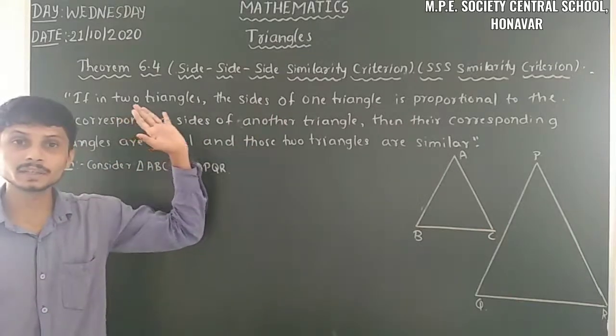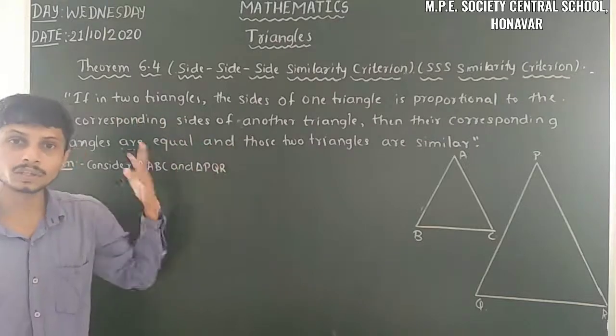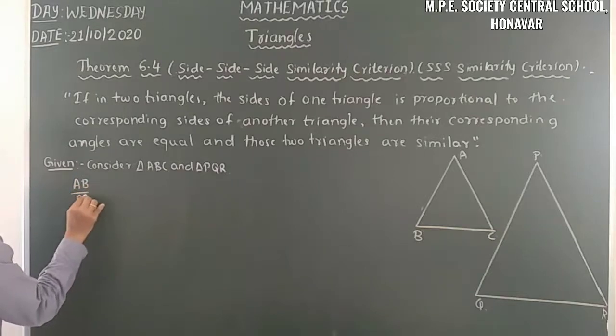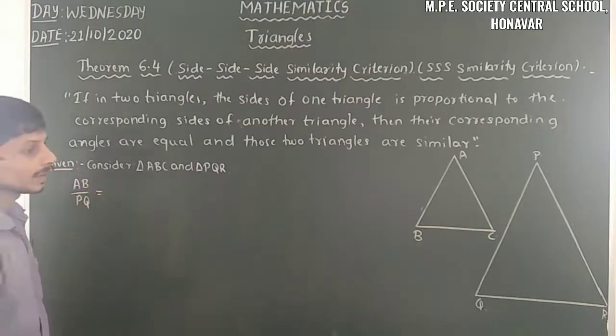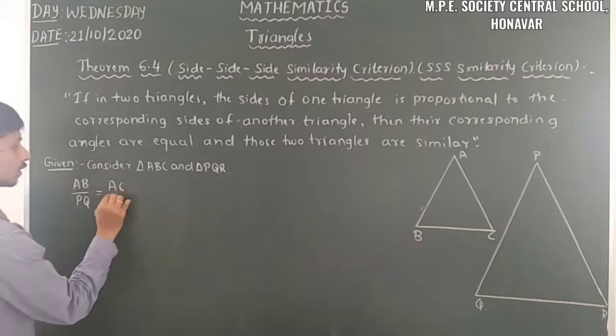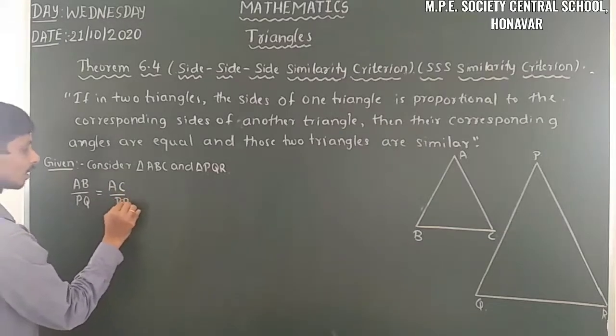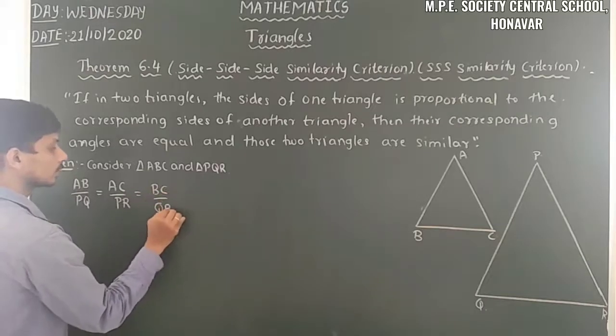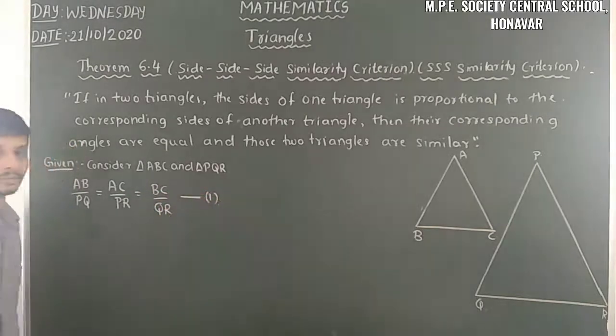That is, AB by PQ is equal to AC by PR and BC by QR. I will consider this as equation number 1.